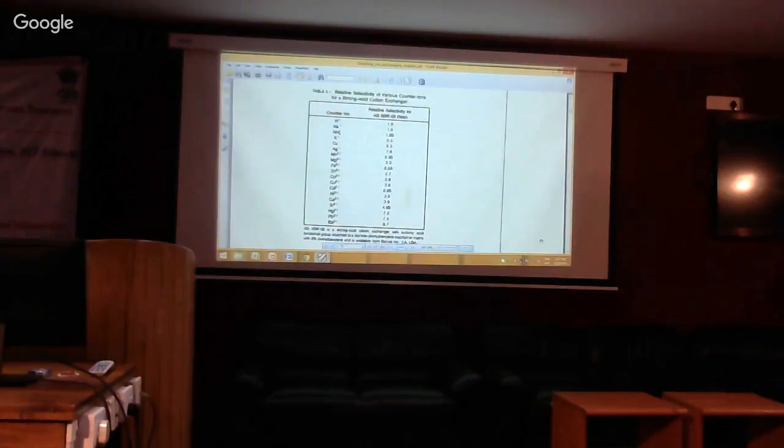Lead is a little different. You can say that this is fine for lead, but not really, because when we try to remove lead, we see that we need selectivities not 7.5, but maybe 75, 10 times more selectivity. Only then does it really become economically feasible.